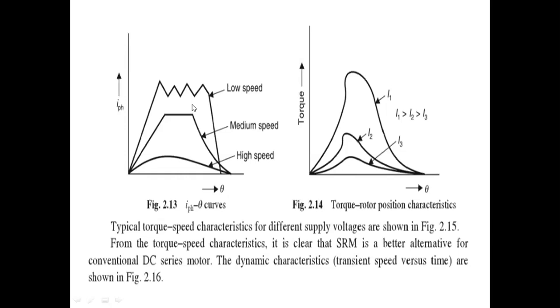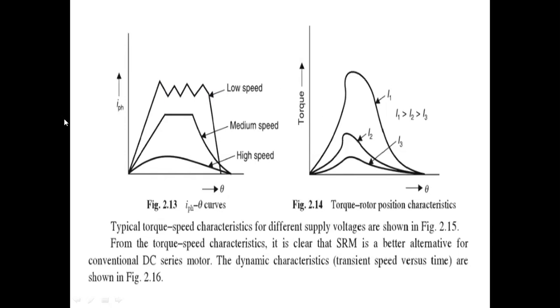With respect to the varying theta value, the current value is increasing and decreasing over certain periods or angles. That is nothing but the low speed. So we have low speed, medium speed, and high speed switched reluctance motors.